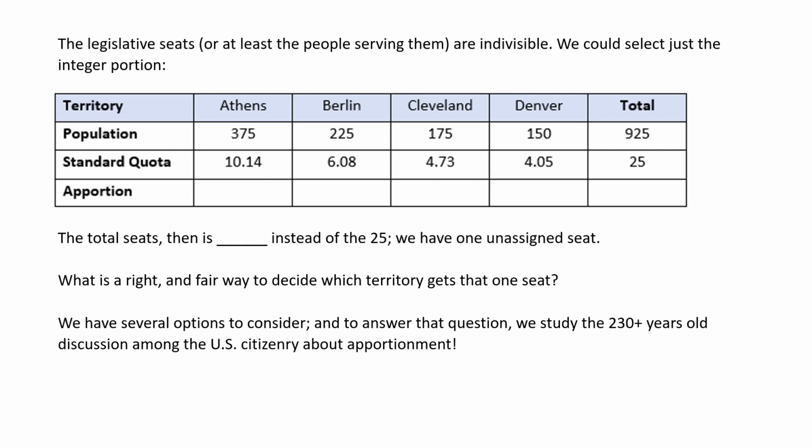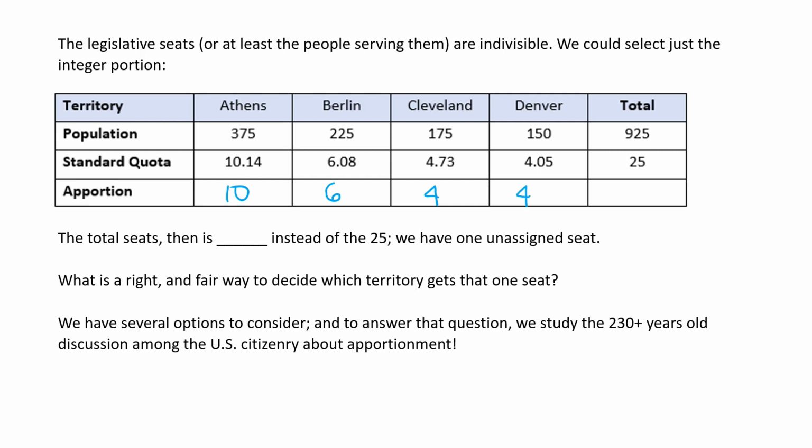So, we're looking at this table. The standard quotas are marked. And if we select just the integer portion, then Athens would get 10. Berlin, 6. Notice I'm not rounding at all, just going to the integer portions. Cleveland, 4. And Denver, 4.